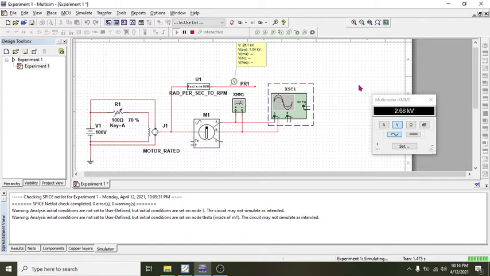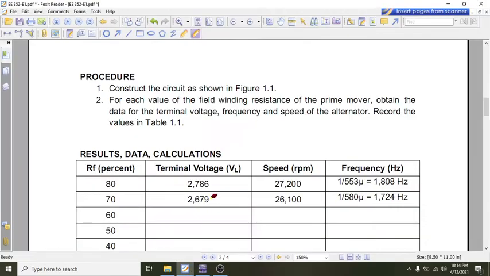It looks like the values are now stable, so you can now record. For the speed, that's 26,100 rpm. The line to line voltage at the alternator terminal is 2.68 kilovolts, around 2680 volts. The speed is 26,100 rpm.